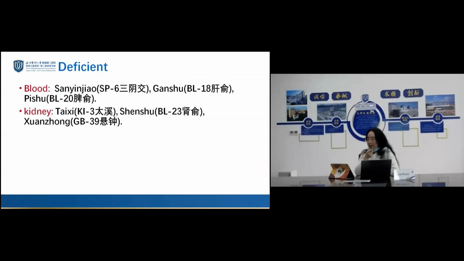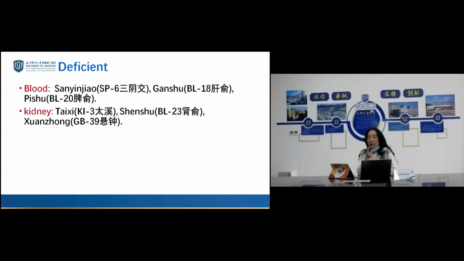And if it's a blood deficiency, you can choose San Yin Jiao spleen 6, Geshu bladder 17, Ganshu bladder 18, and Pishu bladder 20 as assistant points. And if it's a kidney deficiency, you can choose Tai Xi kidney 3 because this point is a yuan point.